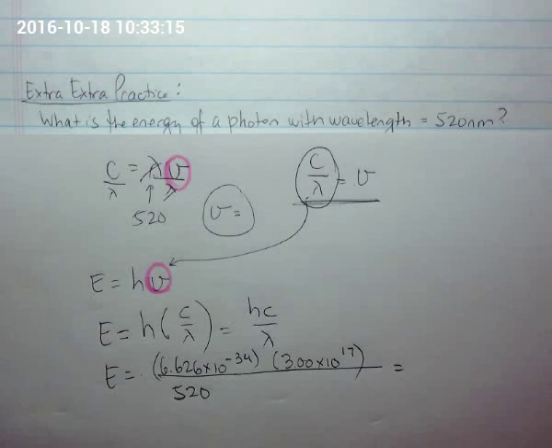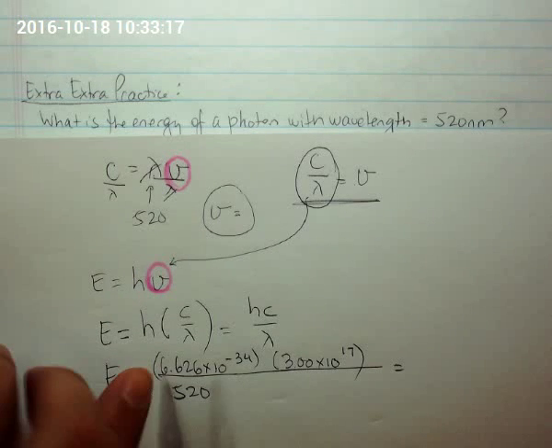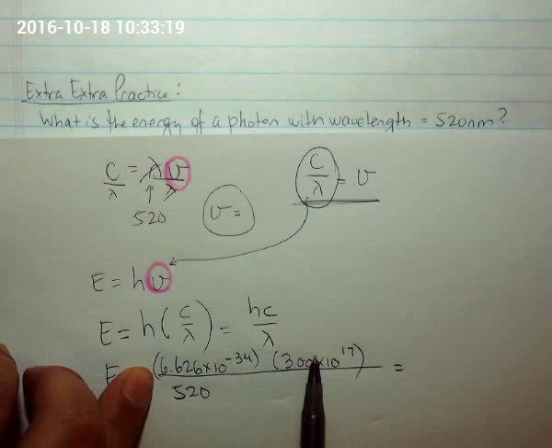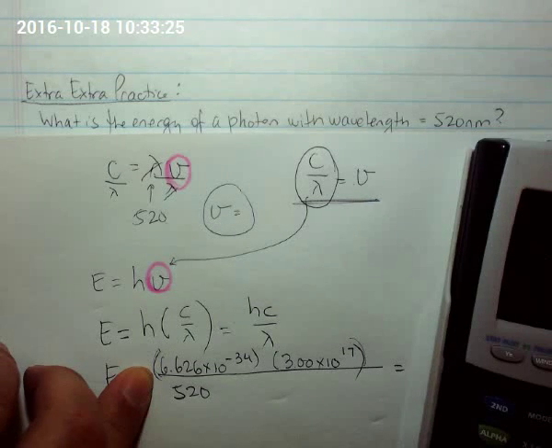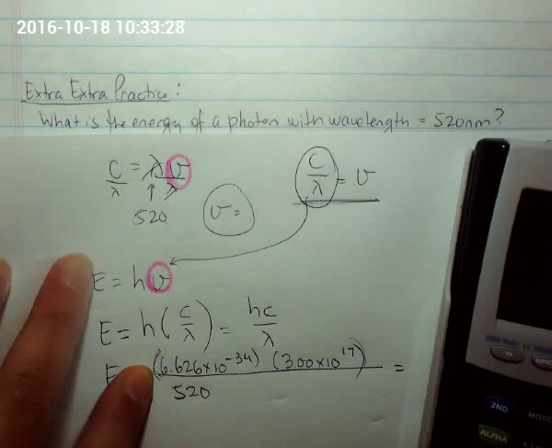So now on the calculator, you want to be really careful, and you want to make sure that the calculator multiplies these two numbers together. So I would use parentheses around that numerator before it does the division by 520. So look at how I type it into my calculator.